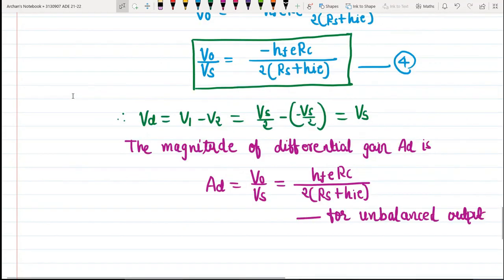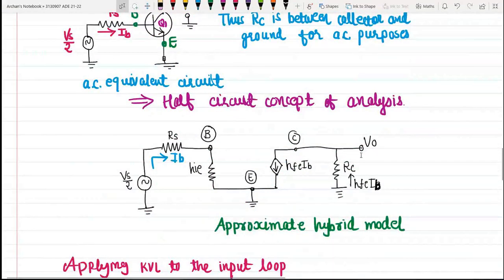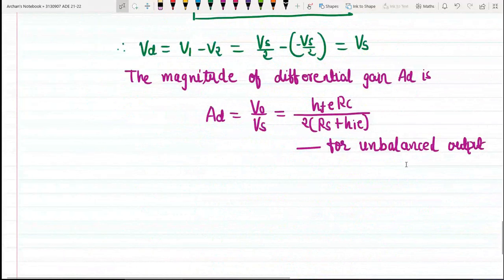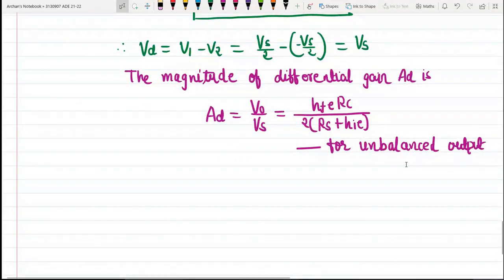Remember, we have measured the output voltage here with respect to ground only, and that is the reason why whatever gain we are getting, this gain is for unbalanced output. Here this Vs indicates the differential input. So the differential gain obtained in this equation, let us call this equation number 5.